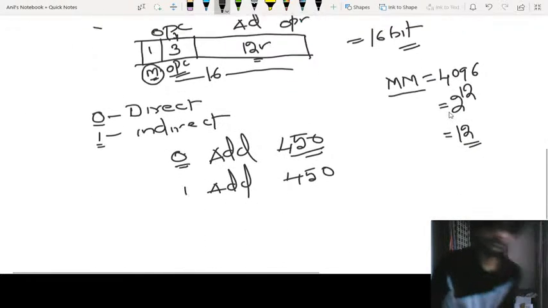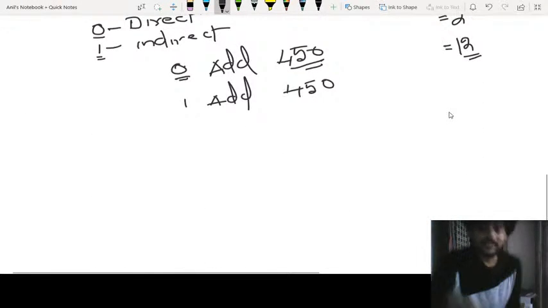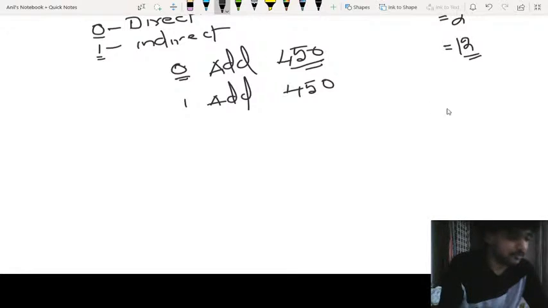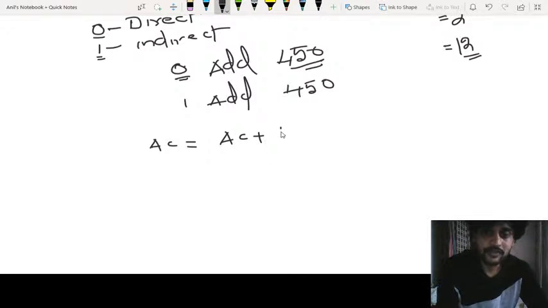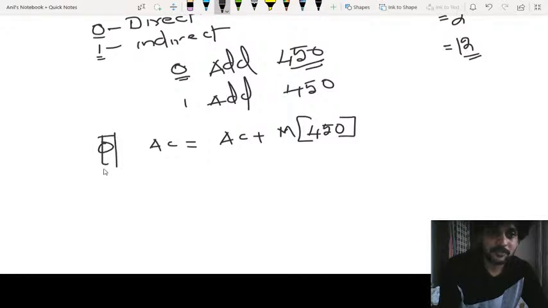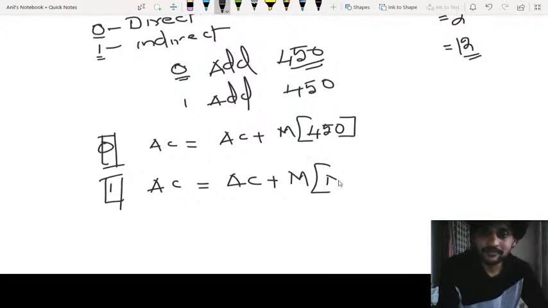Did you understand this? So, finally, in the direct addressing mode, the accumulator is equal to accumulator plus M of 450. Okay. This is 0. Direct addressing mode. When it is equal to 1, accumulator is equal to accumulator plus M of 450.